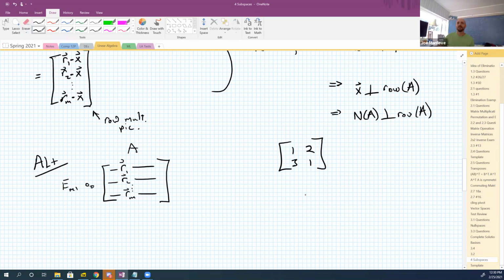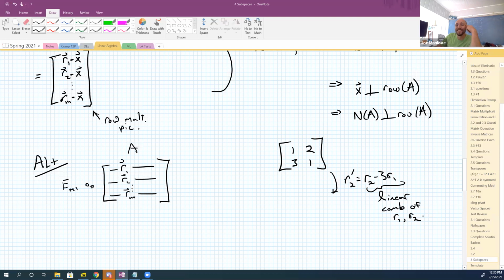Perfect. Yeah. So you'd go, all right, the new row 2 is going to be the old row 2 minus 3 row 1. Notice the new row 2 you made is a what of the old row 1 and row 2? What is this thing? You guys see that's a linear combination of row 1 and row 2.